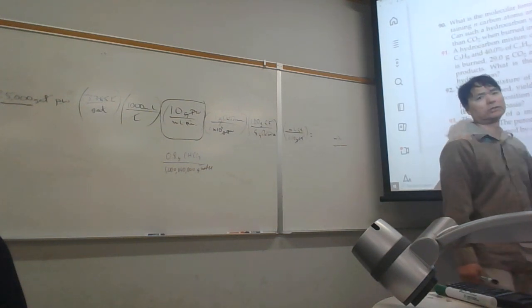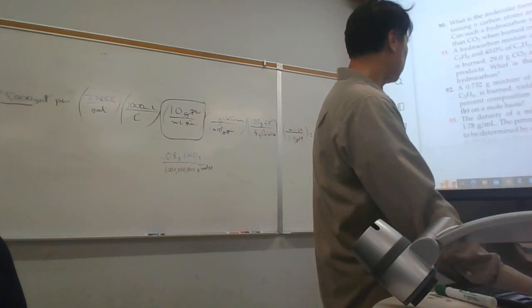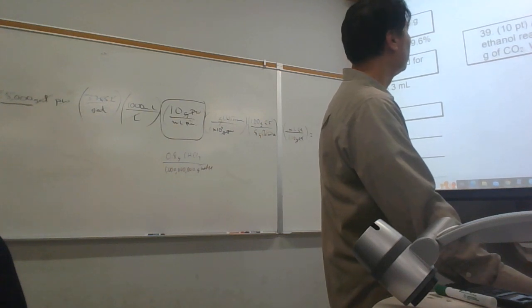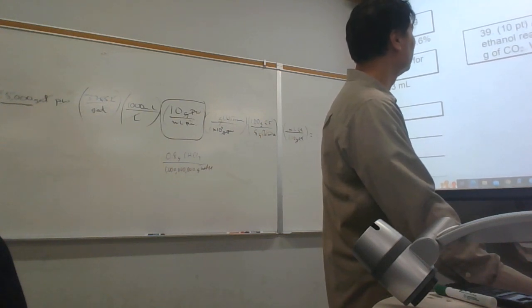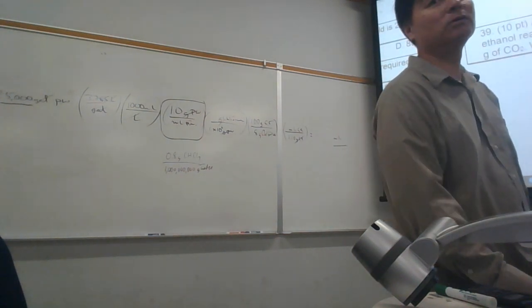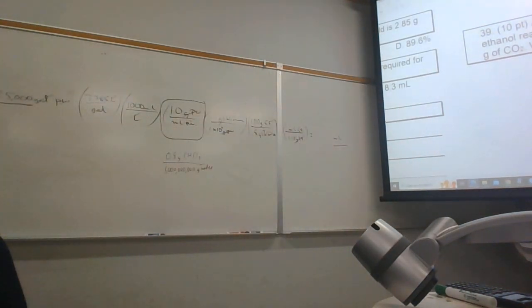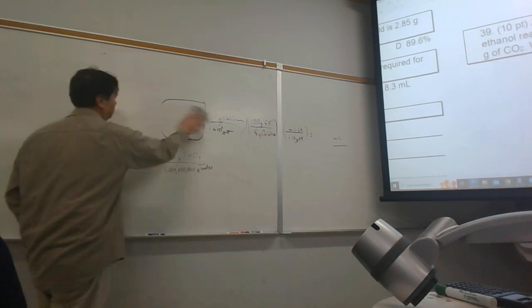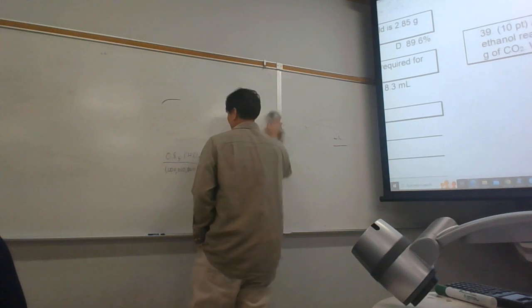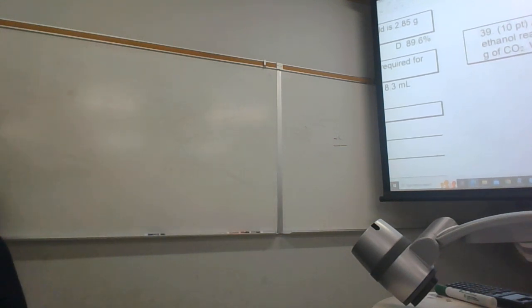So maybe I'll do 92. What did I ask on the test? What I asked on the test was methanol and ethanol. Well, methanol and ethanol is one step harder. Let's do methanol and ethanol. We'll do number 39, which is, I think, a little bit harder than the one in the homework, but not by much. Two-component mixture.